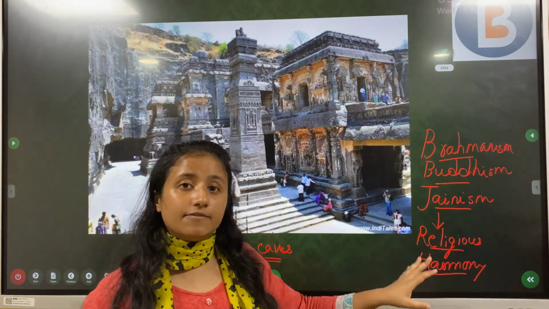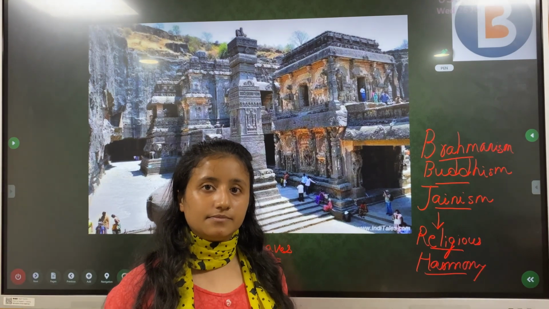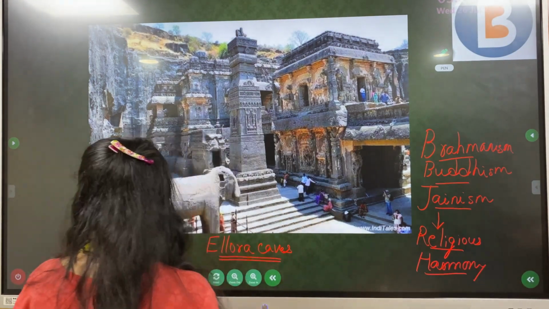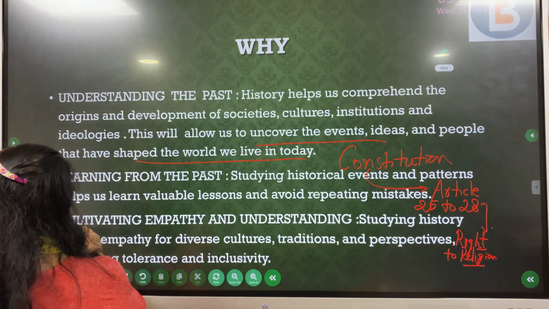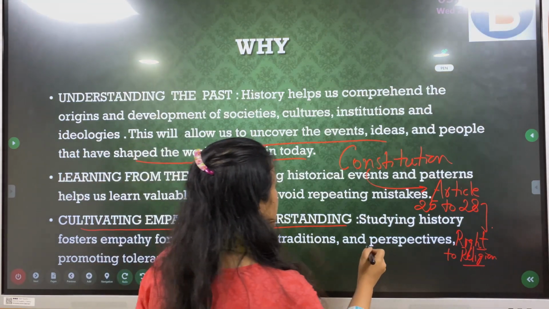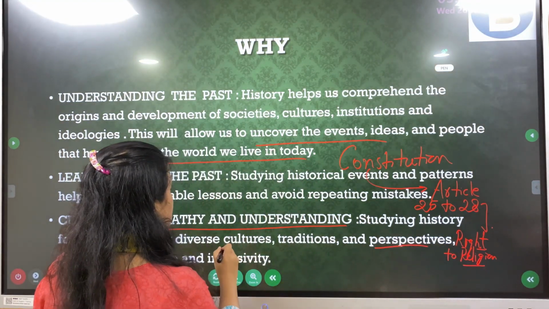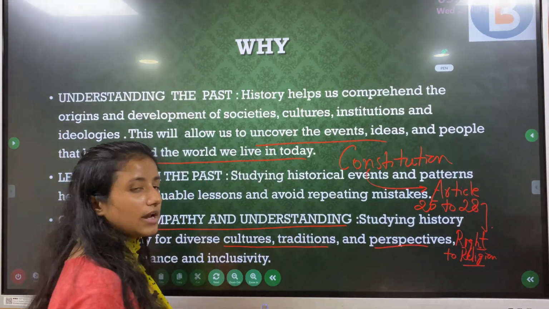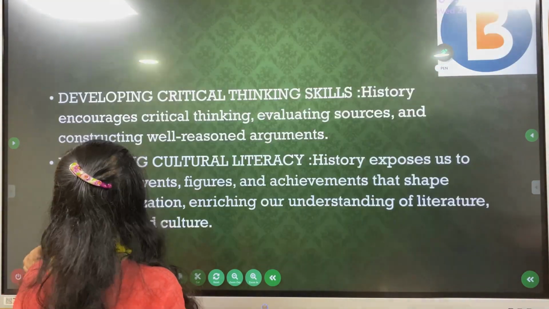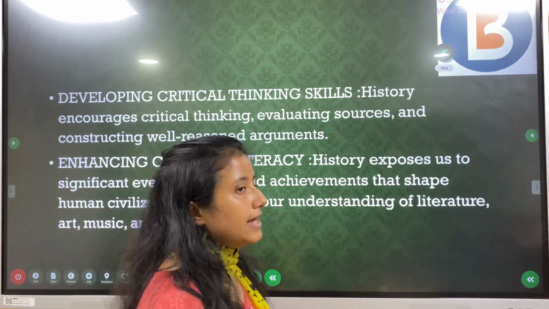So, how will we develop this religious harmony? In today's times especially, by cultivating empathy and understanding. It will give us various perspectives, and we will respect various cultures, various traditions. Okay, got it. Now the next one is developing critical thinking skills.